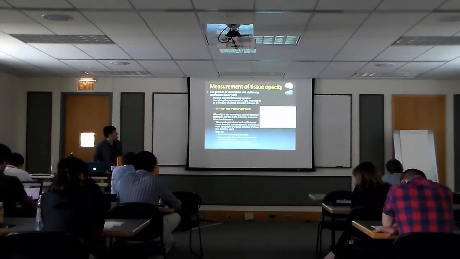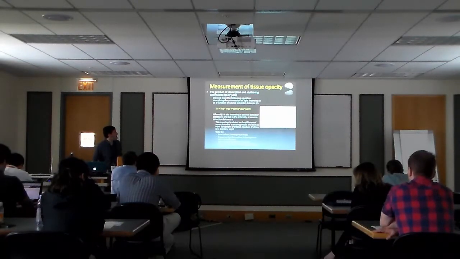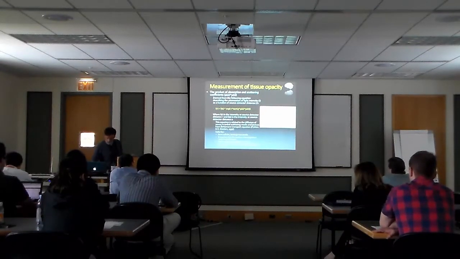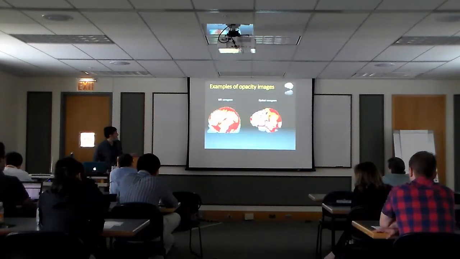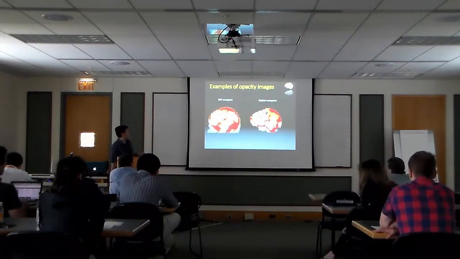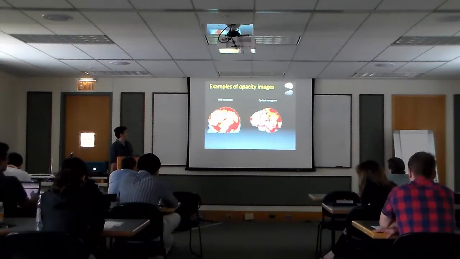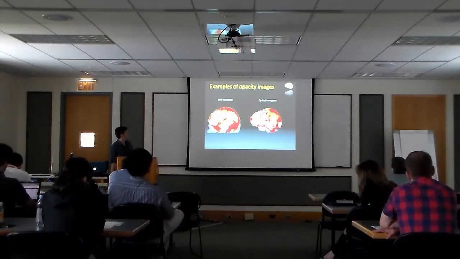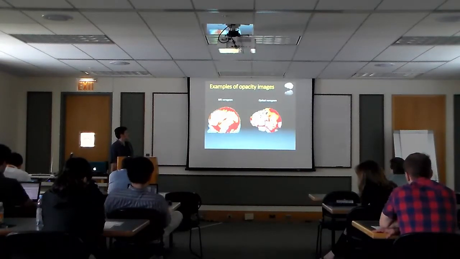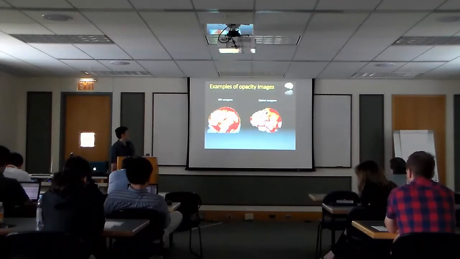Okay, now this particular approach allows us to measure, for various locations of the brain, what their tissue opacity is. As a result, you can make a map of the tissue opacity obtained in this fashion. So this here to the right is a map of tissue opacity, actually an average of a bunch of subjects, 40-some subjects. You notice that there are areas with higher opacity.